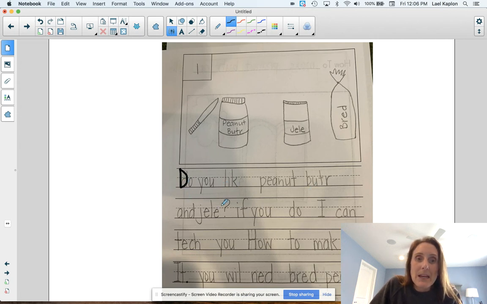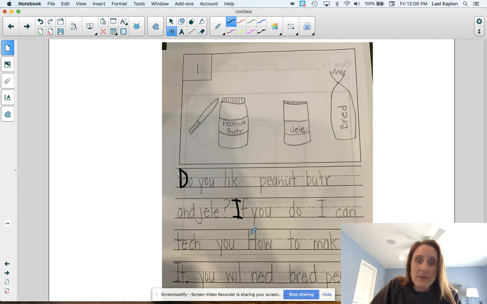Do you like peanut butter and jelly? Ooh, I see a question mark there. That means the next letter is a new sentence, and that needs to be a capital. I don't even know the word yet, but I know it wasn't a capital. Do you like peanut butter and jelly? If you do, I can teach you how to make it. Wait a second.